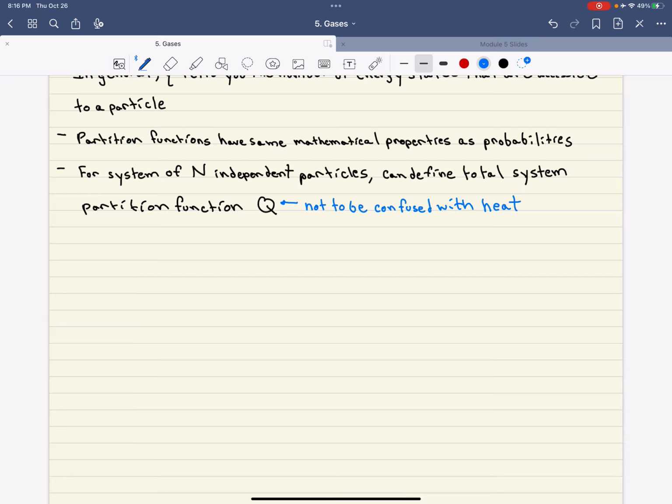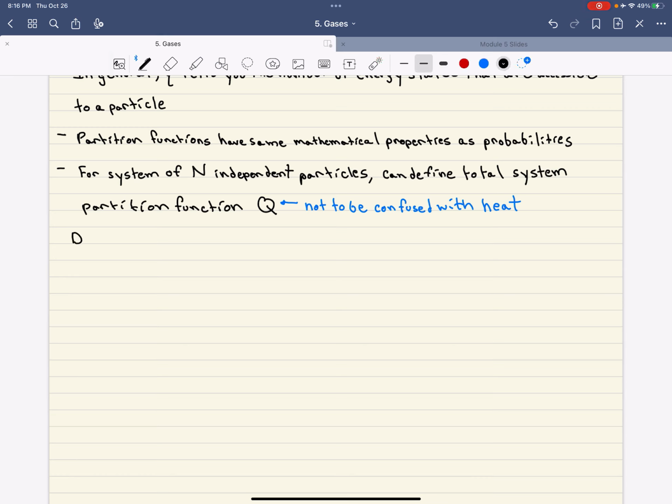Now the total system partition function is going to be related to the individual particle partition function, but the relationship depends on whether the particles are indistinguishable or distinguishable from one another.